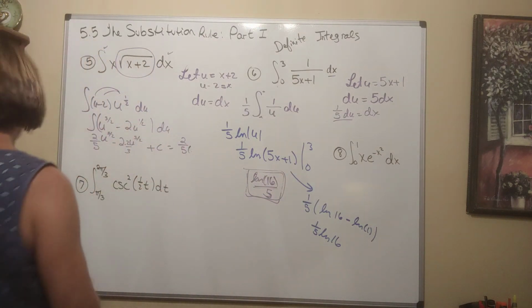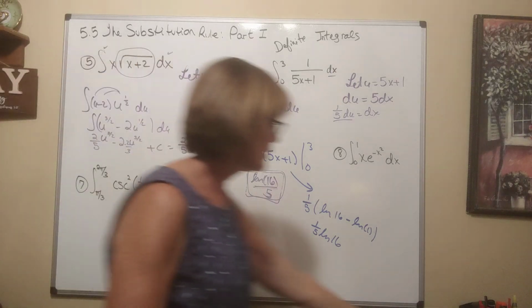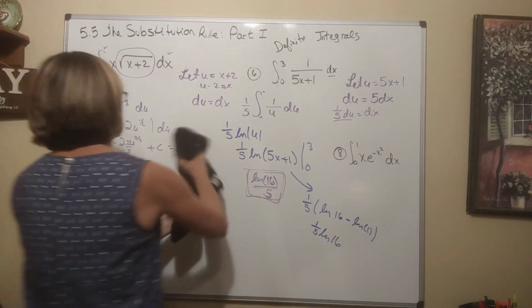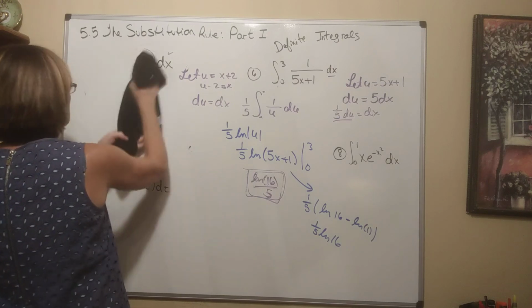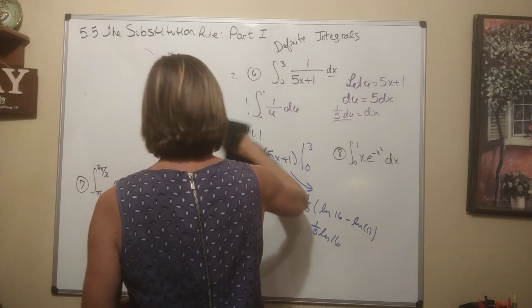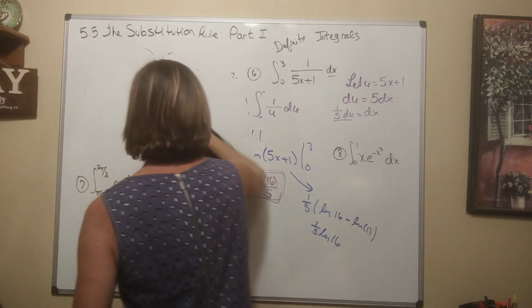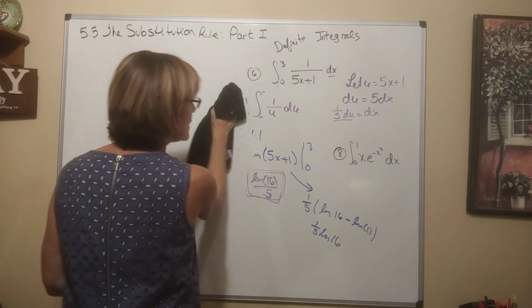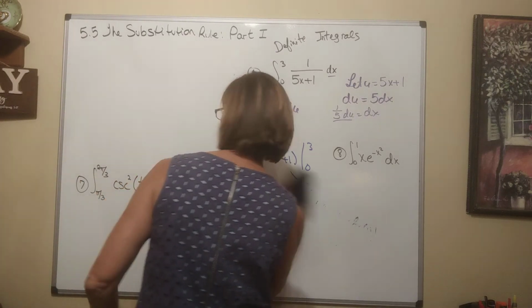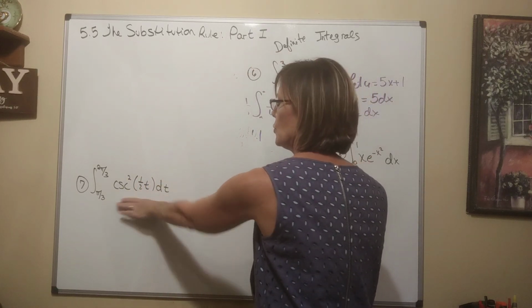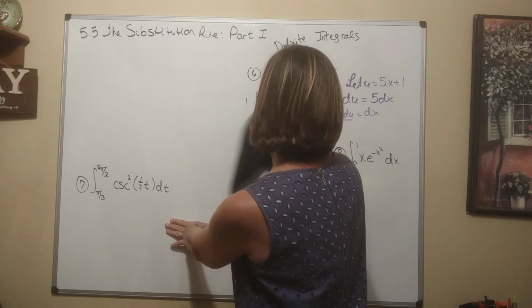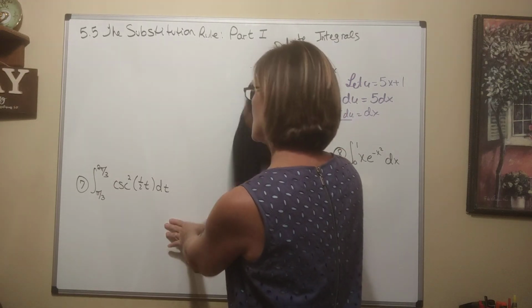Let's do 2 more examples, 7 and 8. See, 7 is right here. It is the integral from pi over 3 to 2 pi over 3 of cosecant squared of 1/2 t dt. That is the one we're looking at now. So, let's see. What do you guys think we should let u be to be able to evaluate this?